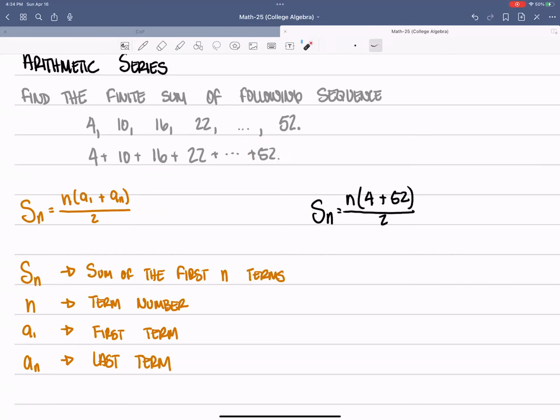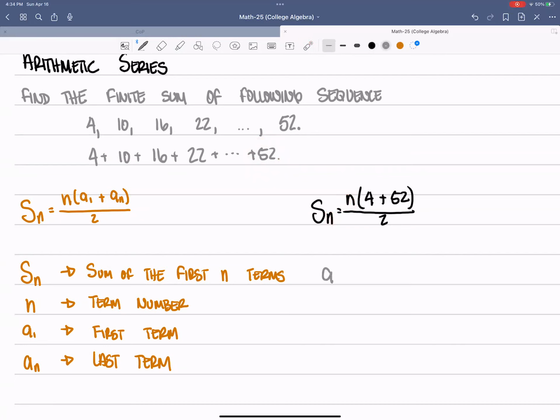So we would technically be done, but we don't know what n is. We have to know n in order to find the sum of those values. We can find that by finding the general term, so we have to do a little bit of background work to figure out what term this is, so that we have an n to plug in right here.